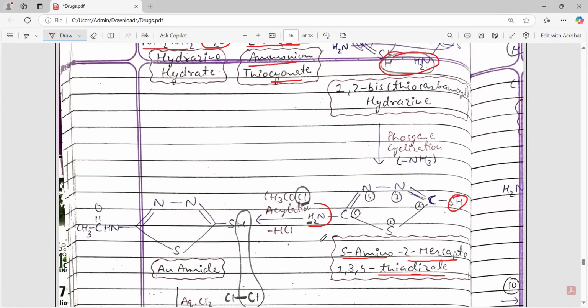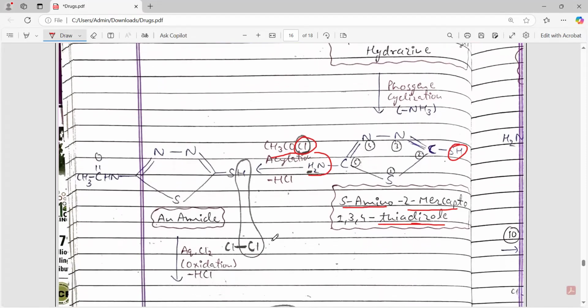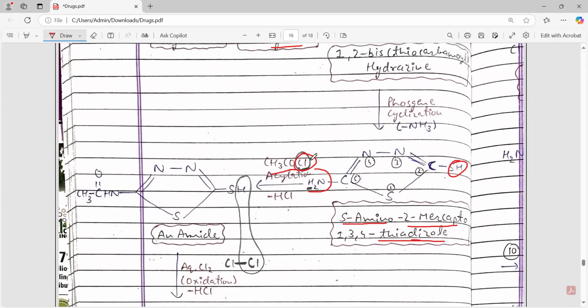The next step, the acetylation reaction, takes place in the presence of CH3COCl. So here the Cl group will be removed. Okay, I am just writing over here, so you will get the basic understanding of what we are explaining or seeing in the structure.